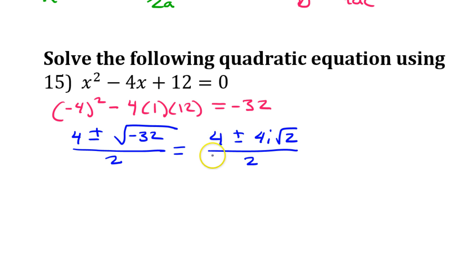Now I'm seeing a common factor here among these three things. Among these three numbers, not including the 2 under the radical, I need to divide by that common factor of 2. I'm going to divide all three of these numbers by 2.